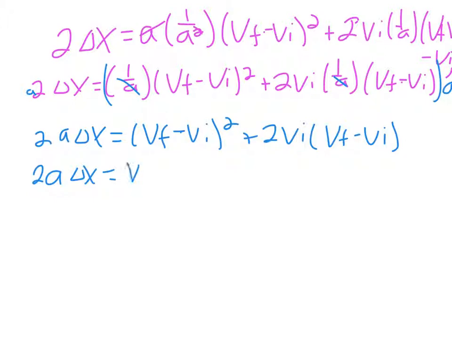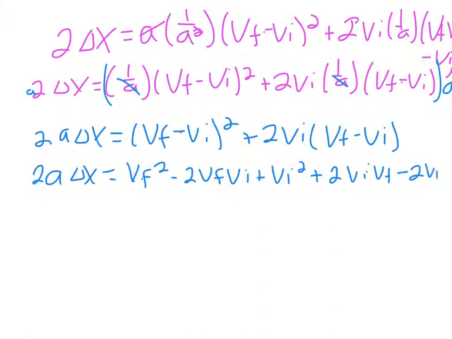So this would be v final squared minus 2 v final v initial plus v initial squared. So that was just FOILing (v final minus v initial) squared plus 2 v initial v final minus 2 v initial squared. Minus 2 v final v initial plus 2 v final v initial cancel out.